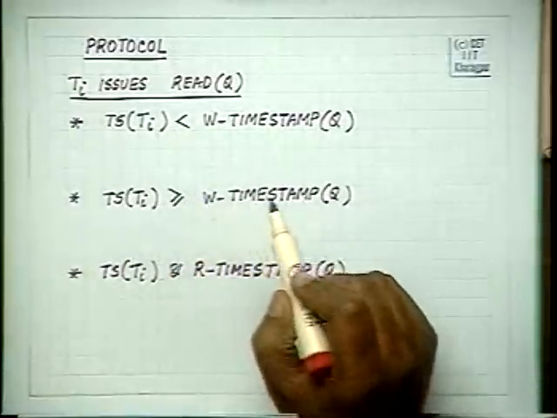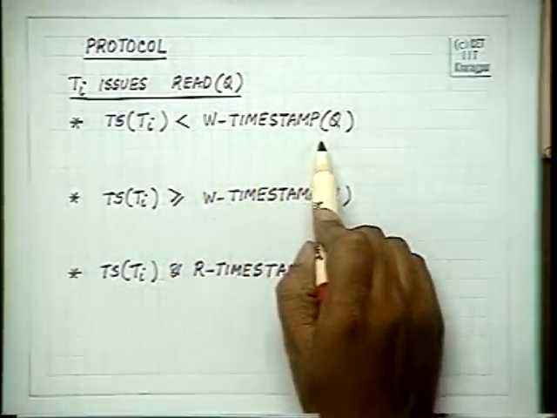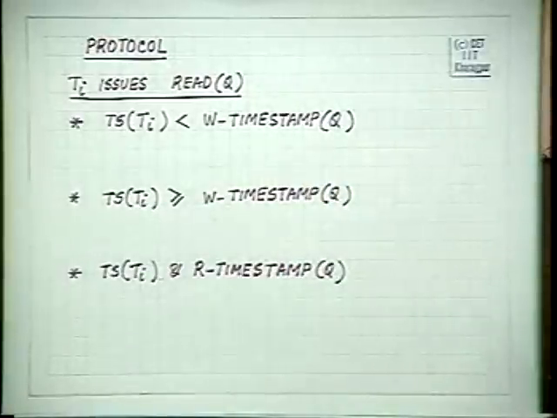If TS(Ti) is less than W-timestamp(Q), then what does it mean? It means that there is some transaction Tj which has written on the data item Q, and that transaction Tj started after transaction Ti.